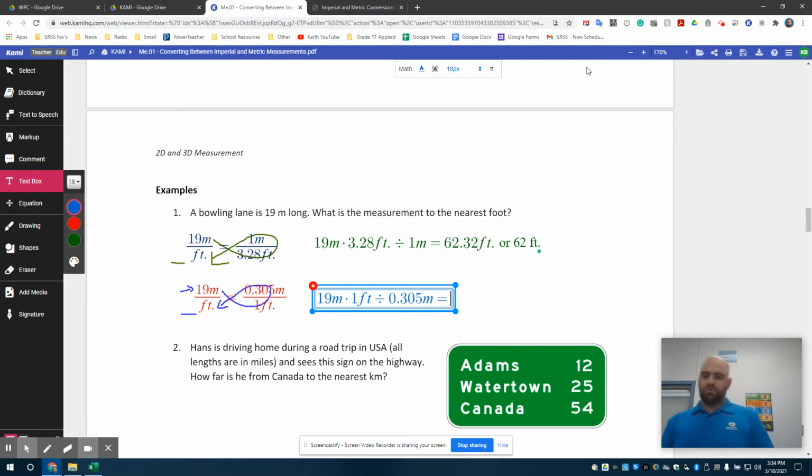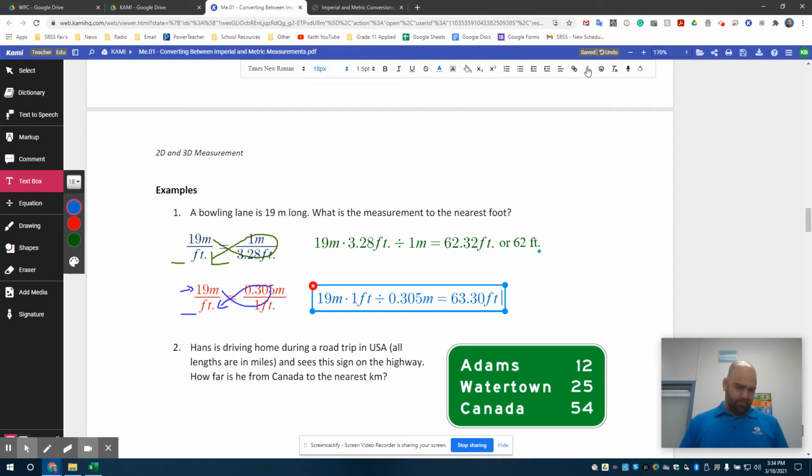And that is going to equal, and now I'm going to do it on the calculator again, 62.30 feet, or 62 feet. Okay, still the same thing.